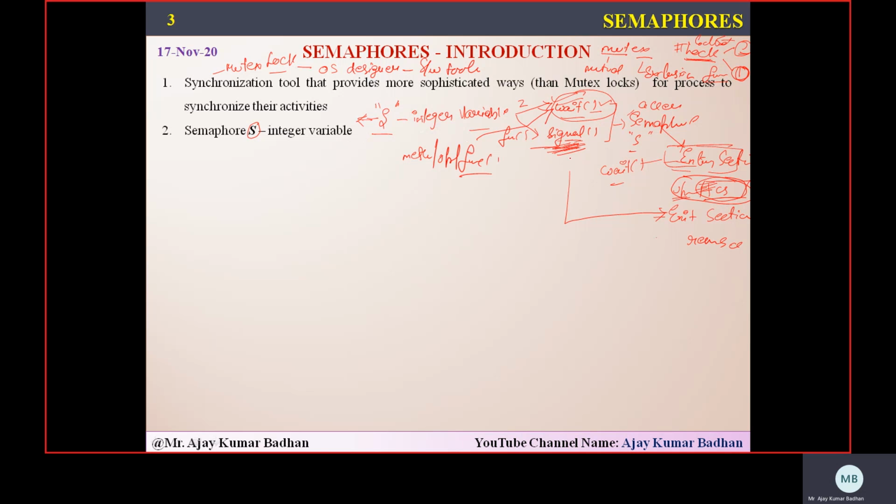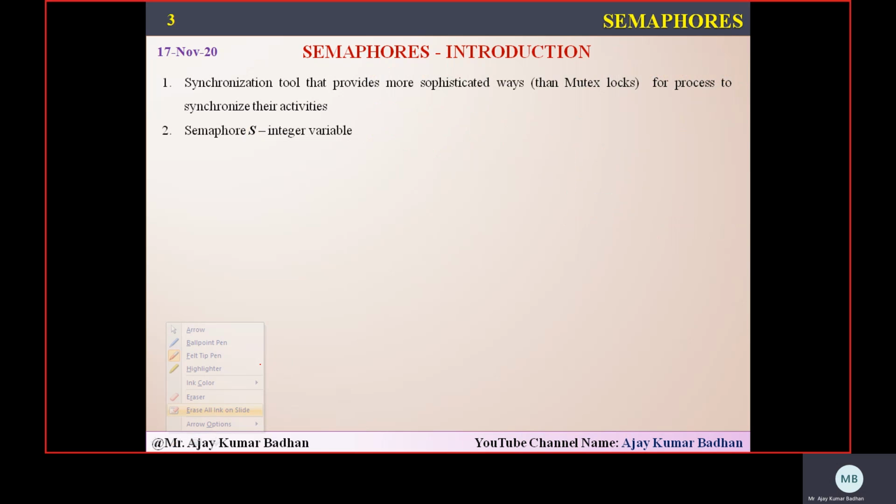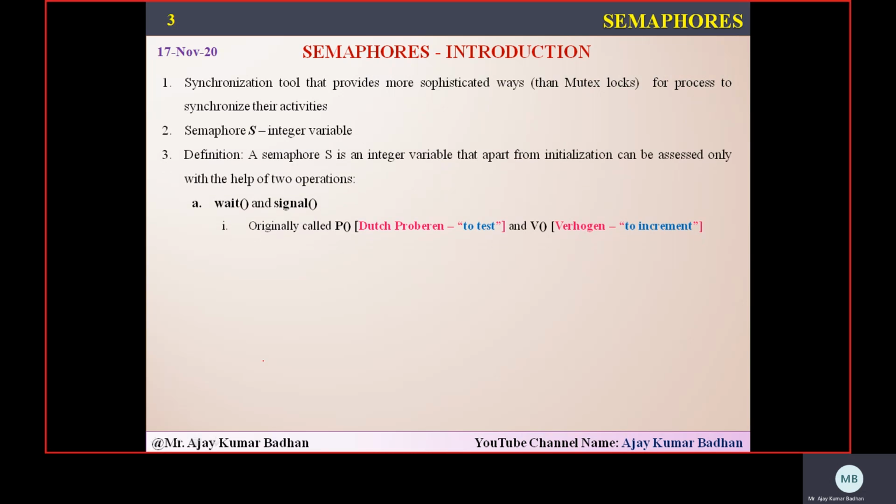Wait operation and signal. You can see these operations or functions are represented with open and closed small brackets, within which you may get parameters. Right now that is quite sufficient; you don't have to worry about the parameters. Just remember that semaphore S is an integer variable that can be accessed with the help of two different operations, wait and signal.